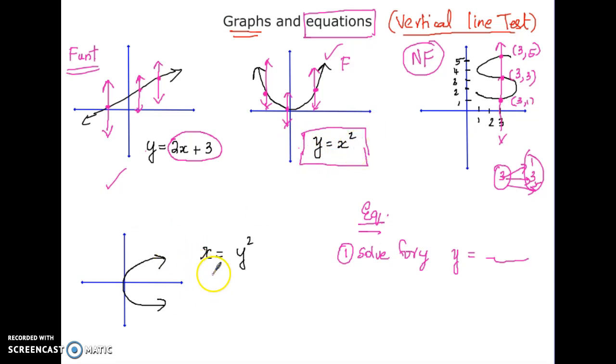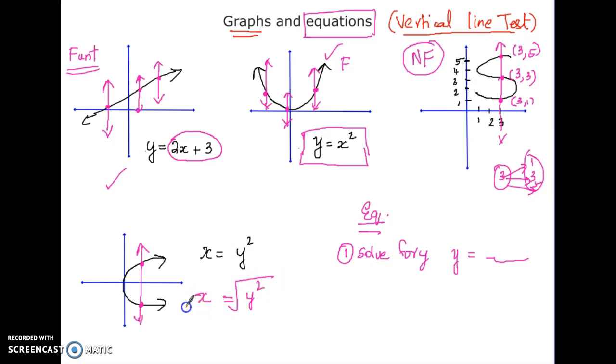Now here, this third one, from the vertical line test we can already know that this graph is not going to be a function because it's intersecting at 2 points. But how do we solve for y in this equation? To get rid of the square, we have to take the square root on both sides, right? So x equals y squared.